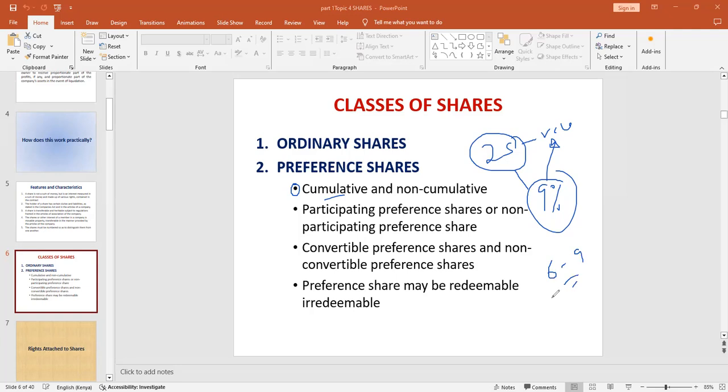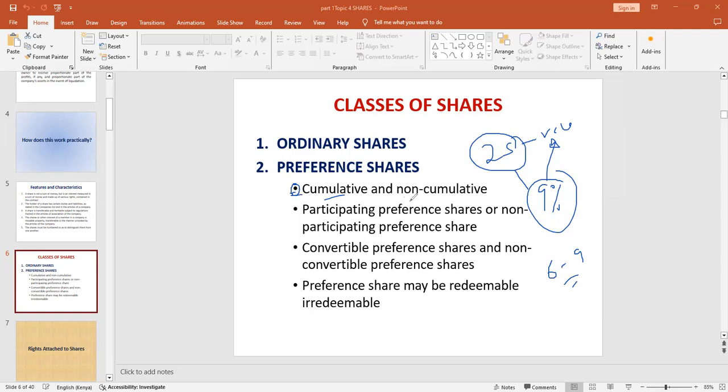So every year you have a 9% return on your capital. What makes it cumulative is if you don't pay me this year, this 9% this year will be added to next year's amount. So now it's cumulative, it cumulates. So that's the deal with that.